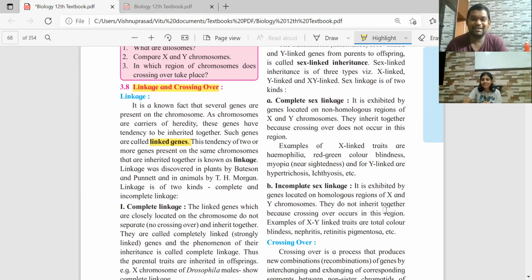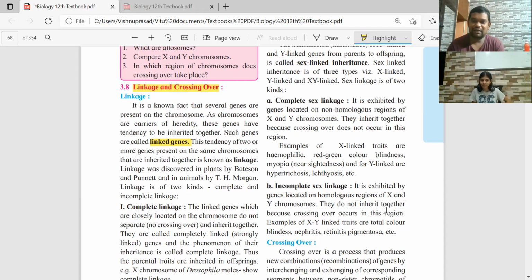Similarly, in the genome also, there are two or more such genes located on the same chromosome, and they are so close to each other that whenever gamete formation takes place, where the chromosome number has to become half, and recombination takes place, in that stage of meiosis, there are genes which generally don't get separated.